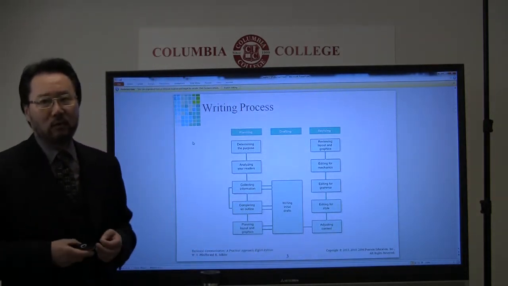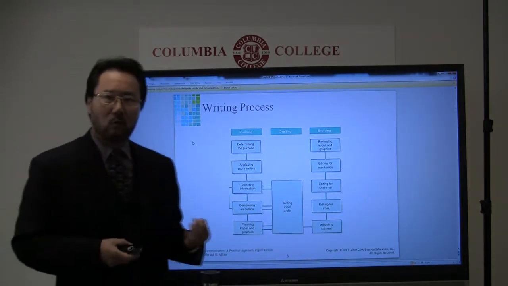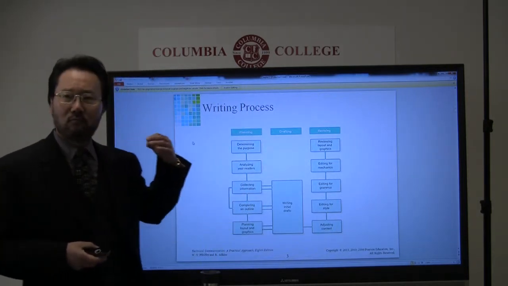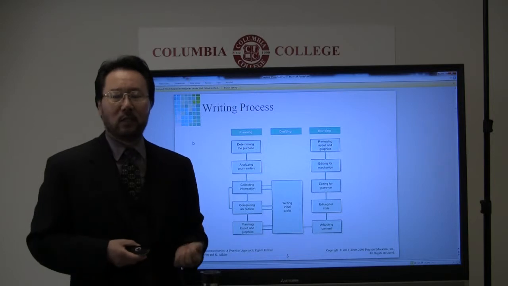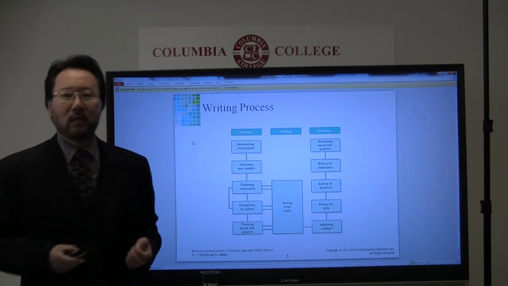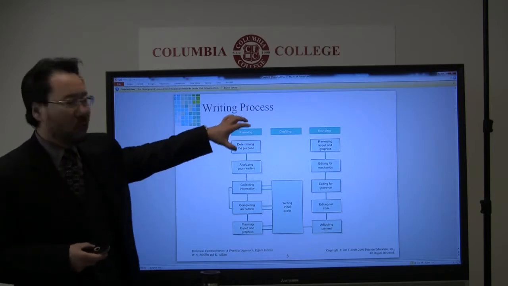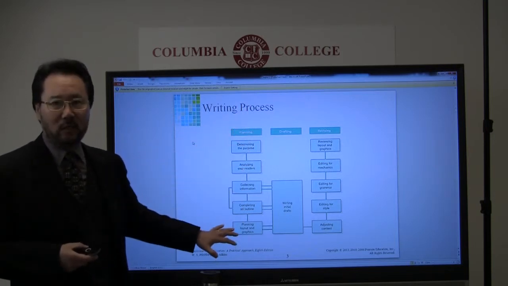When you are writing an essay or a story, rather than planning, it will be more like brainstorming ideas. But in technical writing, we call this the planning stage.